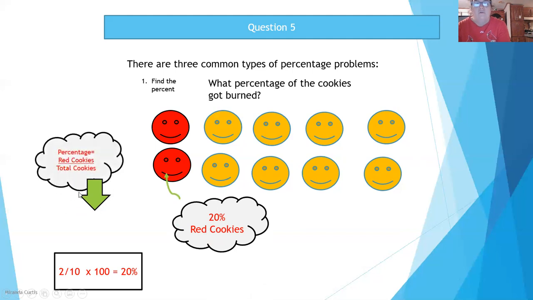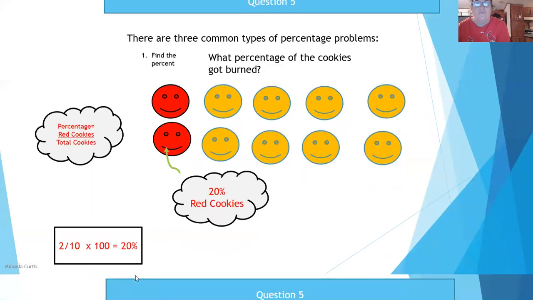Okay, and this is how you write it as a fraction. For the percentage, you have your red cookies on top and total cookies on bottom. So you have 2 red cookies and you have 10 total cookies. Then you multiply that times 100, and it's going to give you 20%. Yay, isn't that a cool arrow?